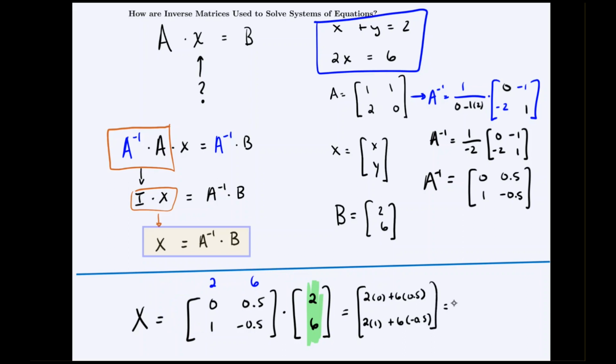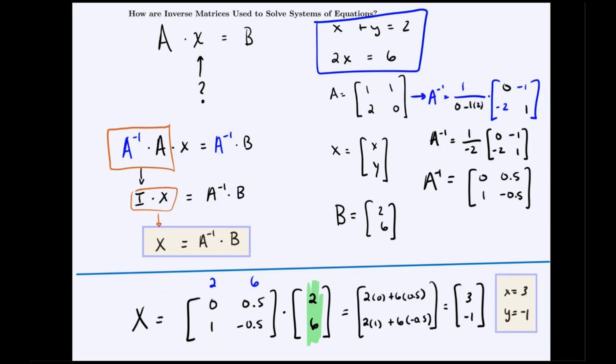Now that can be simplified to 0 plus 3, which is 3. And then 2 plus negative 3, which is negative 1. And what we can take from that is that x equals 3, y equals negative 1.